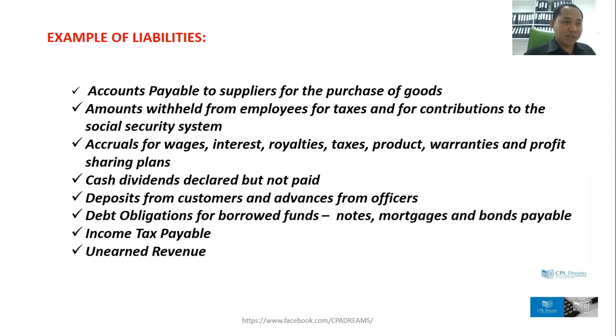No, this is what they call share dividends. There is no accounting liability. Okay, another example, deposits from customers and advances from officers. We have also debt obligations for borrowed funds, of course, notes, mortgages, bonds payable, income tax payable, and of course, unearned revenue. Okay, so those are the examples of liabilities.